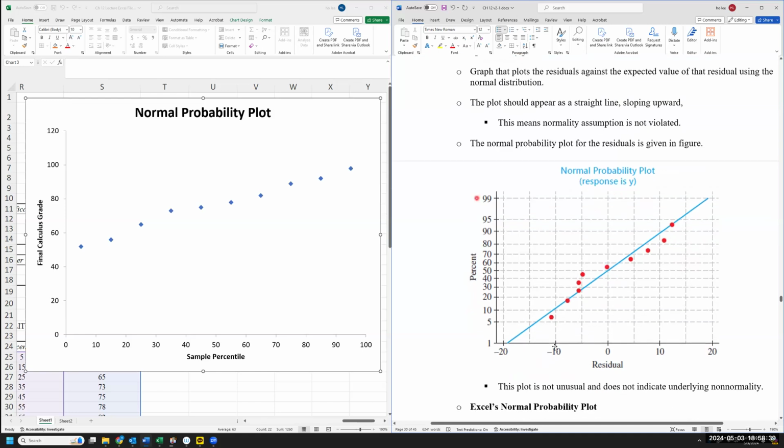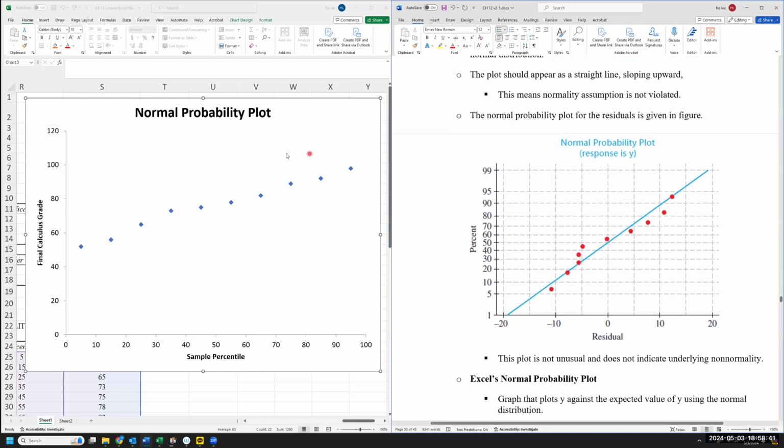The normal probability plot shown in the book is slightly different from the one shown in Excel. In Excel, you can see percent is on the y-axis and the other variable on the x-axis, so they flip the axes. The other thing they do is, instead of plotting the residual, which I think makes more sense, Excel plots y.